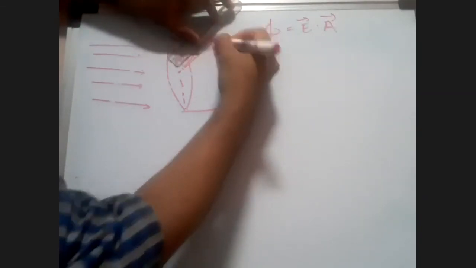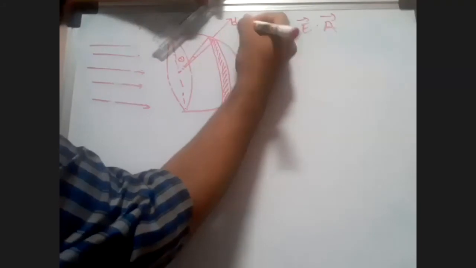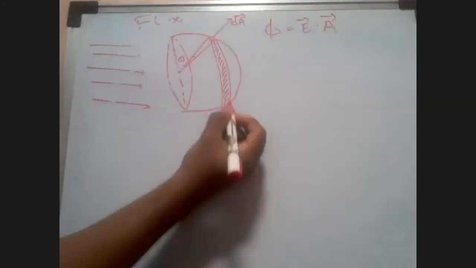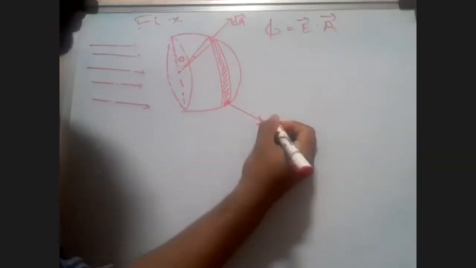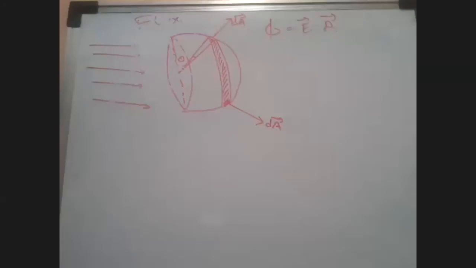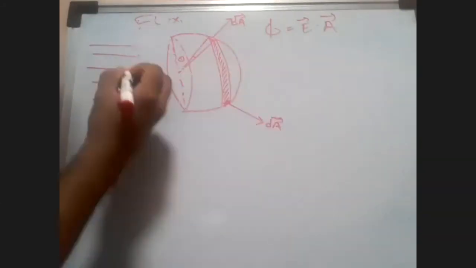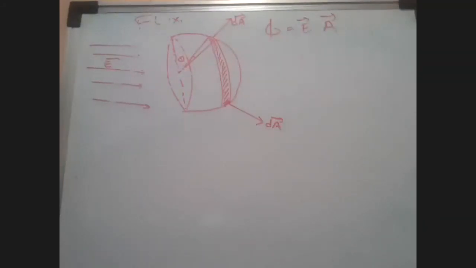So this small amount of area over here is going to make an area vector dA over here. Is this clear? Is everyone clear? Yes, sir. Okay, great.